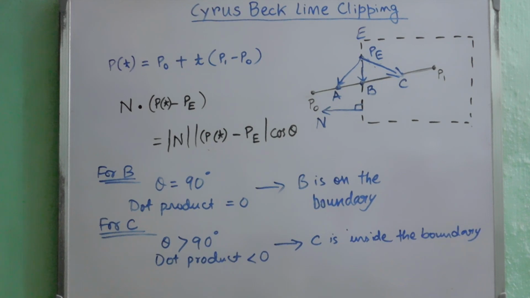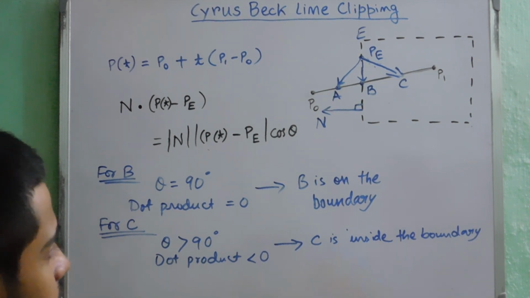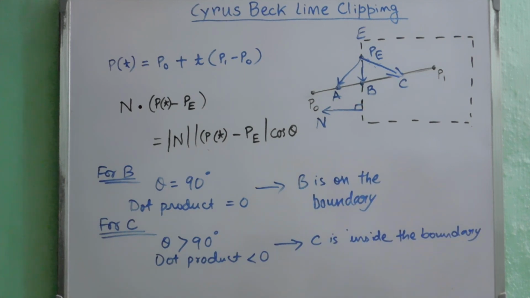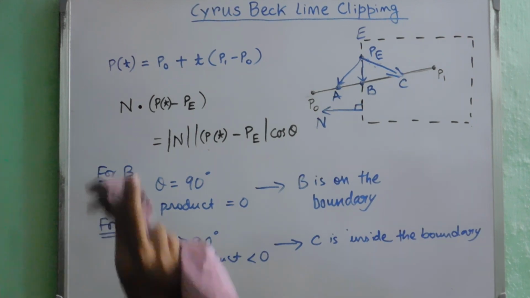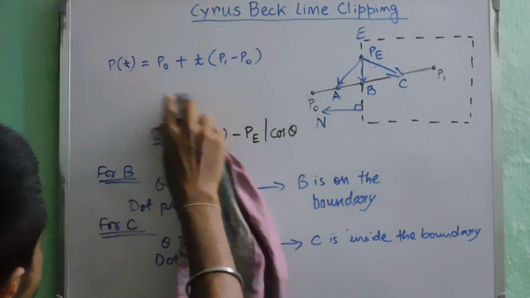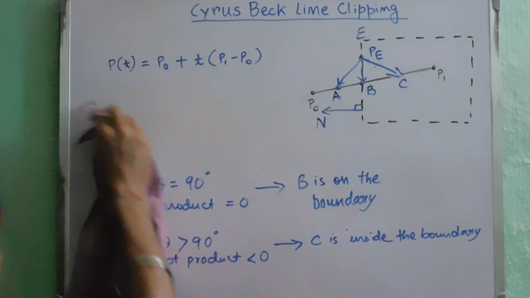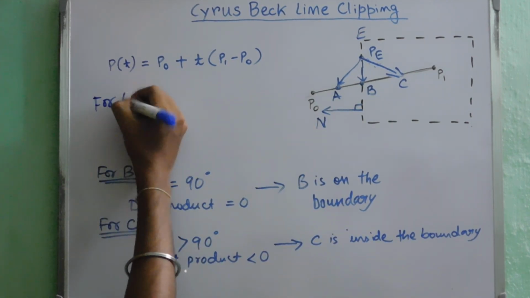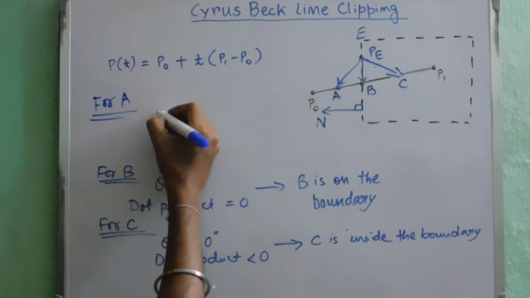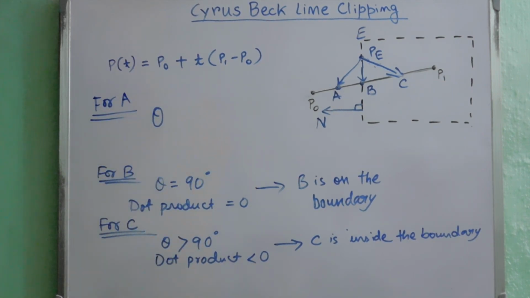So if the dot product is less than 0, the point is inside the boundary of the window. And then we have the final case, that is for A. For A, theta is less than 90 degrees.